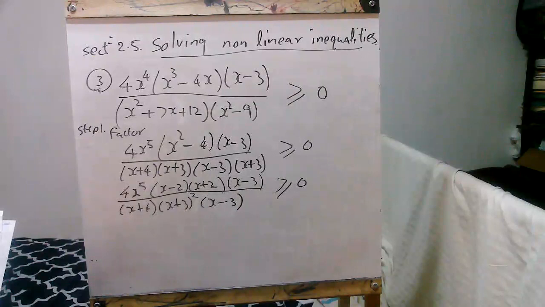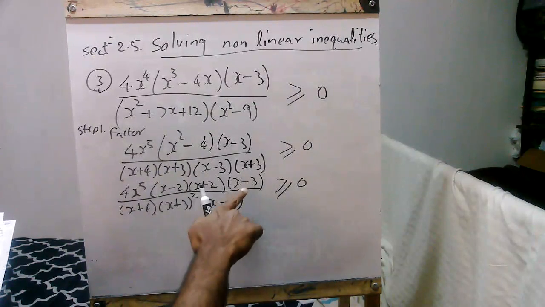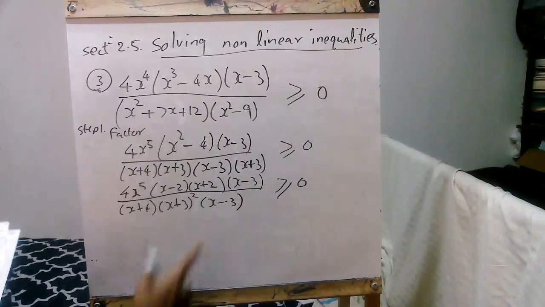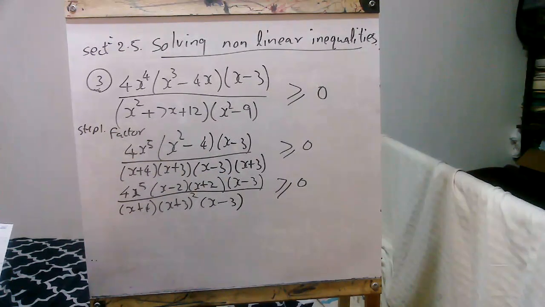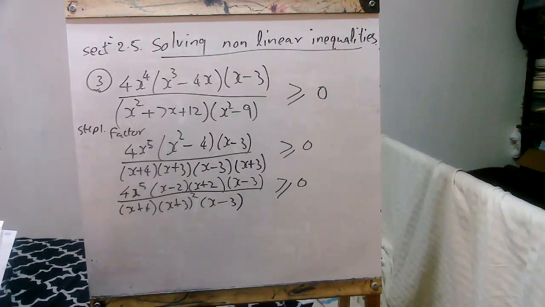Now as soon as you see this x minus 3 on numerator and denominator, some people like to cross them out. For the same reason I said before, if you cancel out x minus 3, you assume x is not equal to 3.